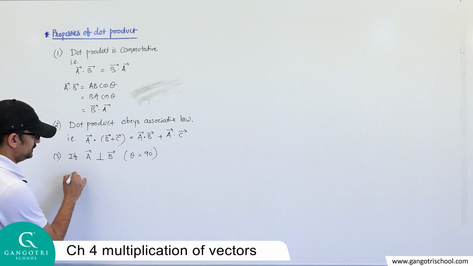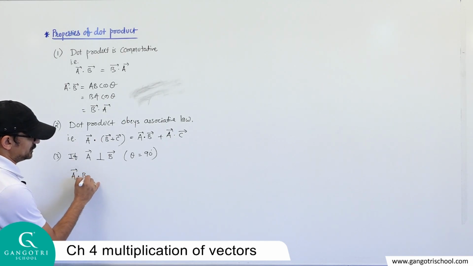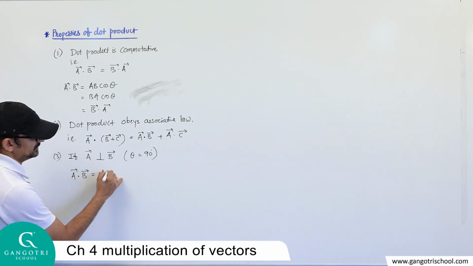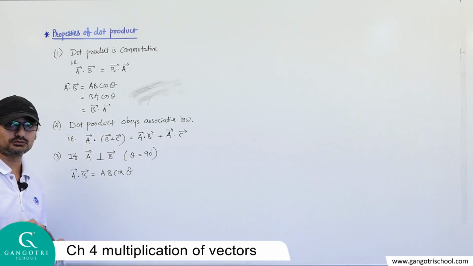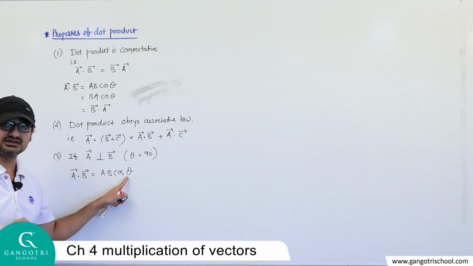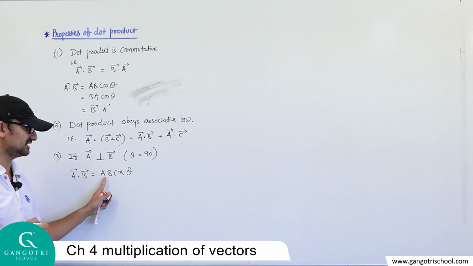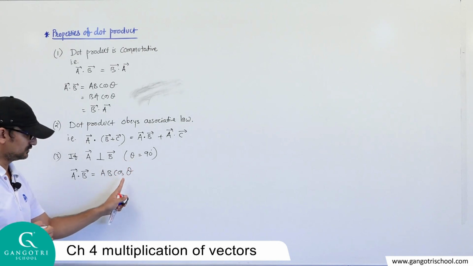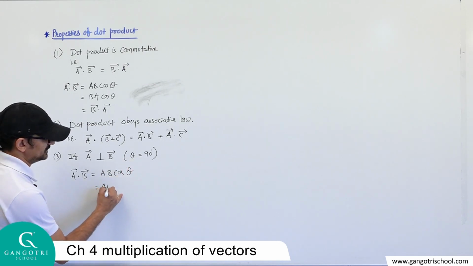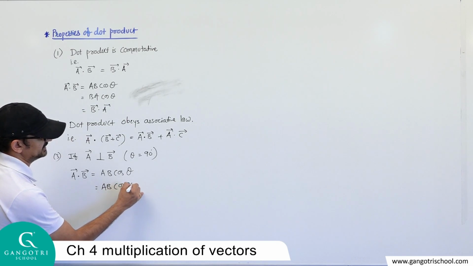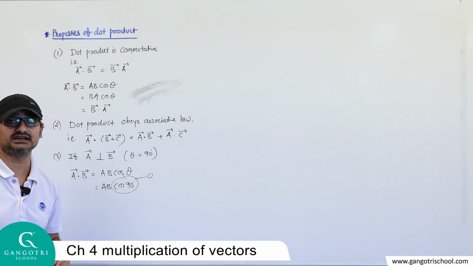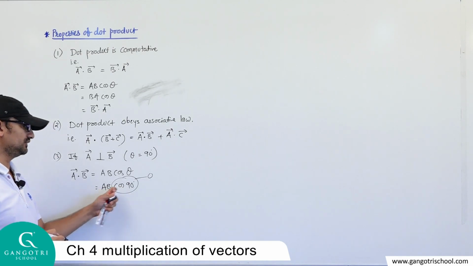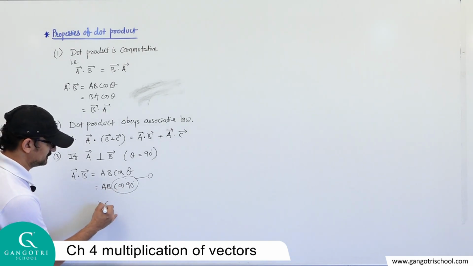We know the equation of dot product: A dot B is equal to AB cos theta. Theta is the angle between A and B, and we assume that is 90 degrees. Put 90 degrees here, so AB cos 90. Dear student, the value of cos 90 is 0. 0 into anything is 0, so the answer will be 0.